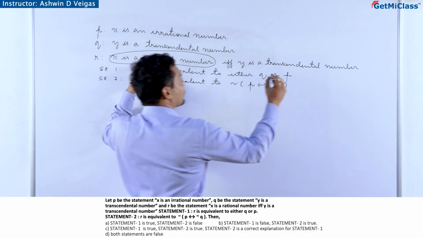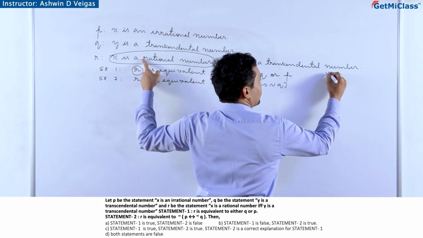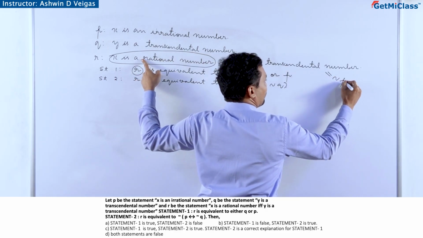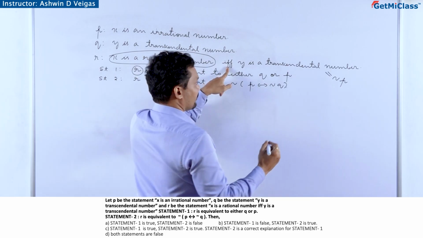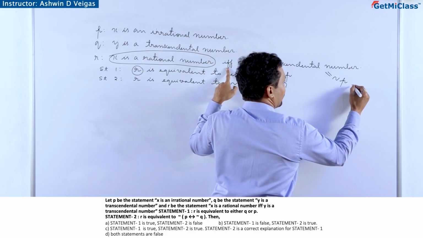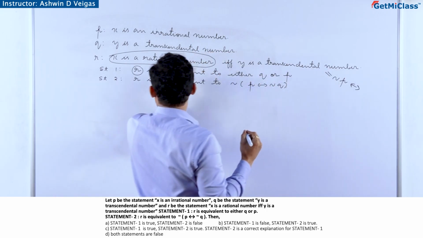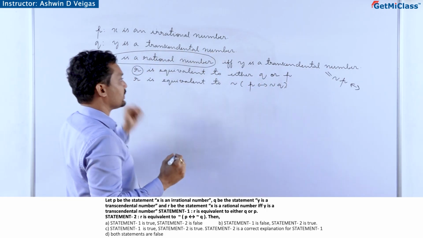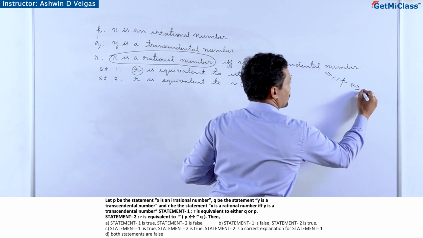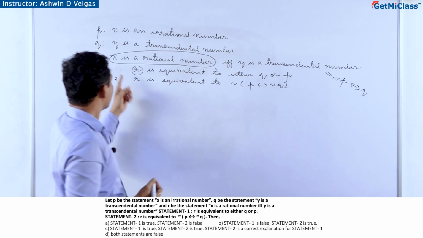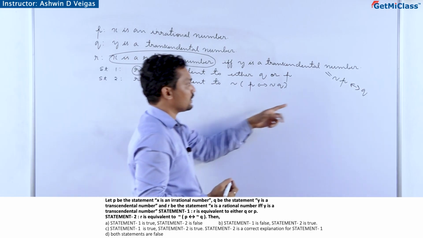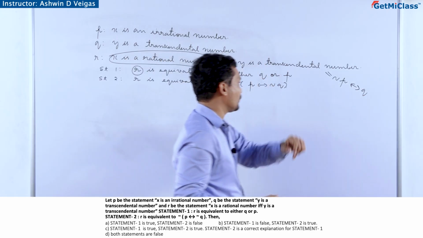So this is the negation of P if and only if y is a transcendental number. Now, y is a transcendental number is given as Q. That means from here we will get R. So, R is nothing but negation of P if and only if Q.